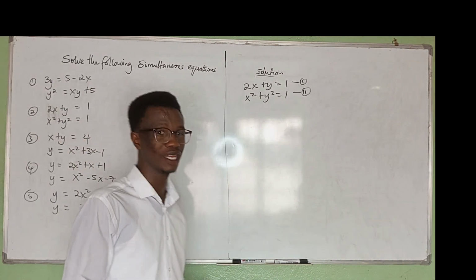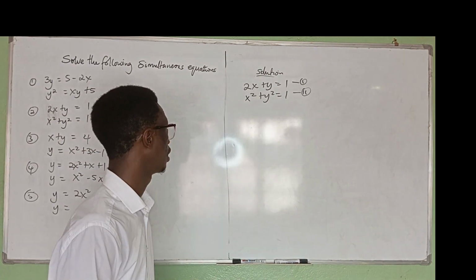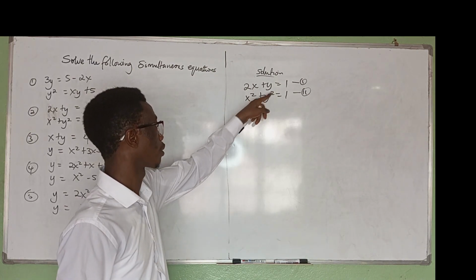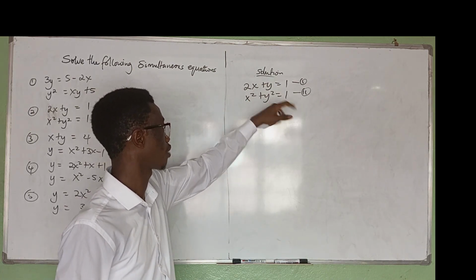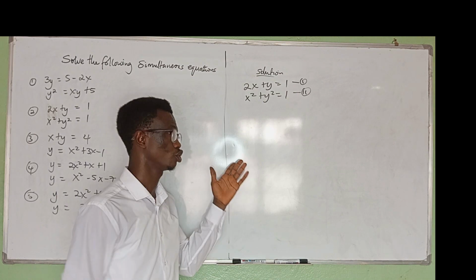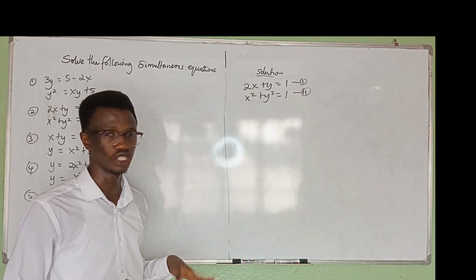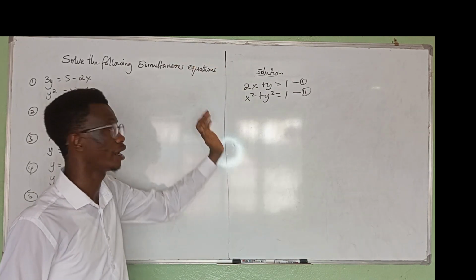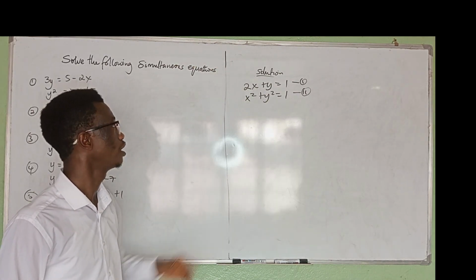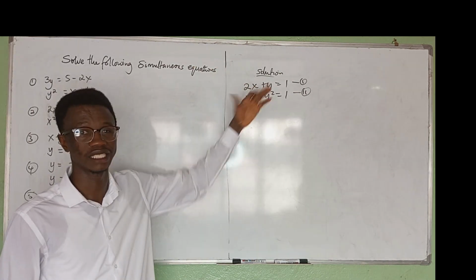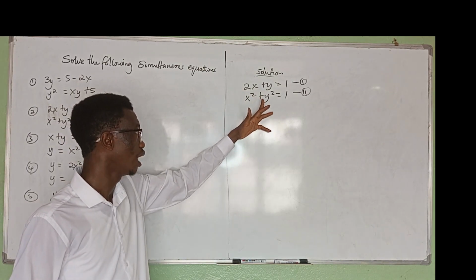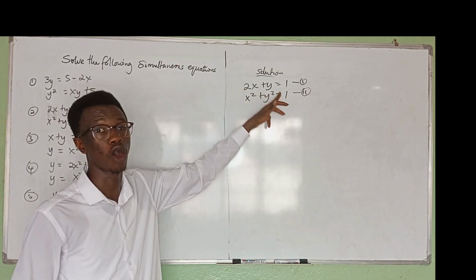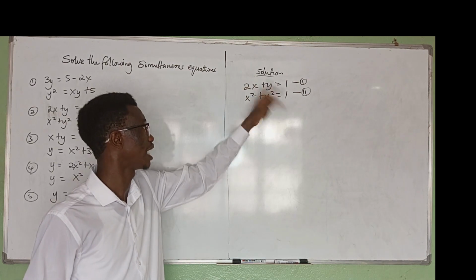So let's look at the next problem. It says 2x plus y equals 1, x squared plus y squared equals 1. Whenever you see short problems, you don't need to panic. Just look between the two equations at which one is simpler than the other. The one that is linear is equation 1, because equation 2 has the power of 2.